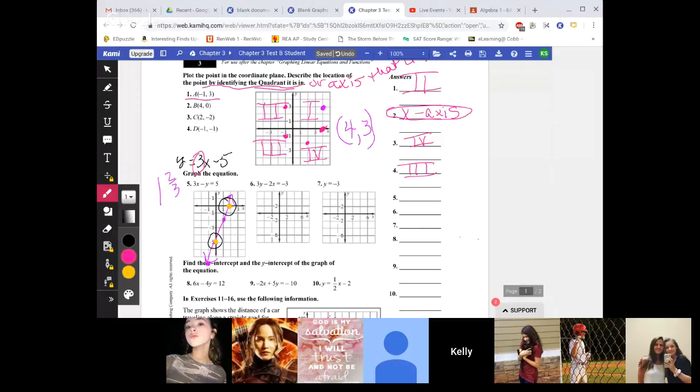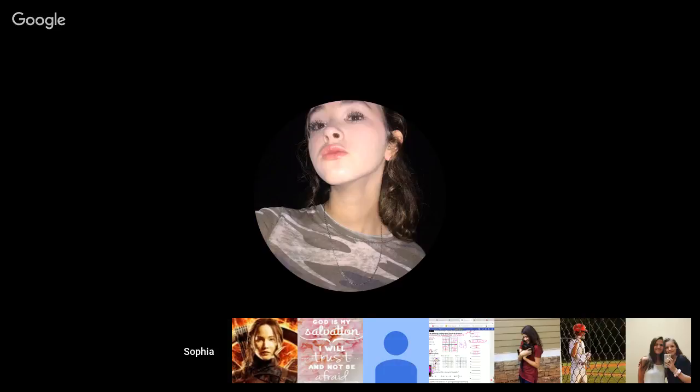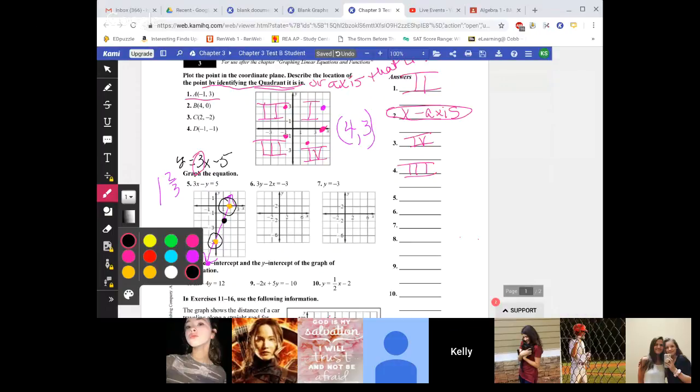So I would go up 3, 1, 2, 3, and right 1. Does that make more sense to you? Is that the method you like? And then you would go up 3, 1, 2, 3, right 1.